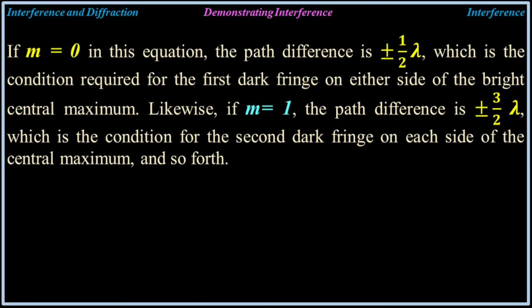If m equals 0 in this equation, the path difference is plus or minus 1/2 lambda, which is the condition required for the first dark fringe on either side of the bright central maximum. Likewise, if m equals 1, the path difference is plus or minus 3/2 lambda, which is the condition for the second dark fringe on each side of the central maximum, and so forth.